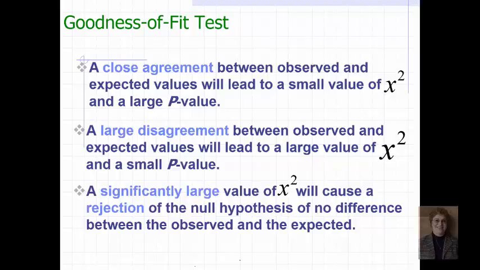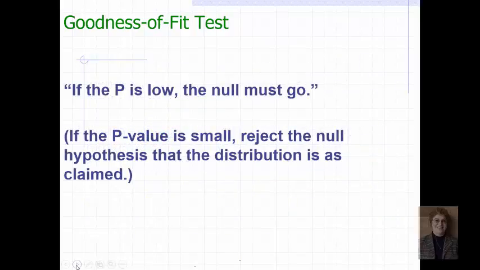And if you have a large enough chi-squared statistic and a small enough p-value, you're going to reject the null hypothesis, because remember, the null hypothesis is always that there's no difference between the observed and the expected. And remember, if p is low, the null must go.